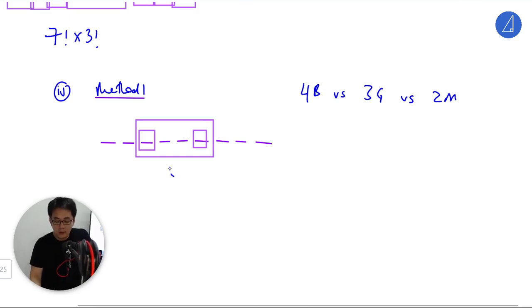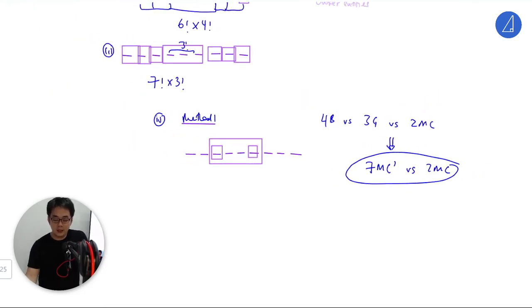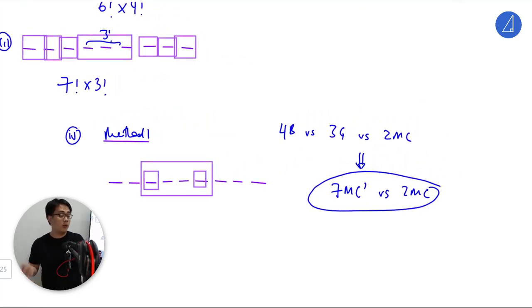Because if not, you may think that you need to consider 1 boy, 1 girl here, 2 girls and 2 boys. Then you'll be very messy. So what you should do is think of it as 7 non-MC versus 2 MC. This trick is very useful, especially when we do a more complicated question.